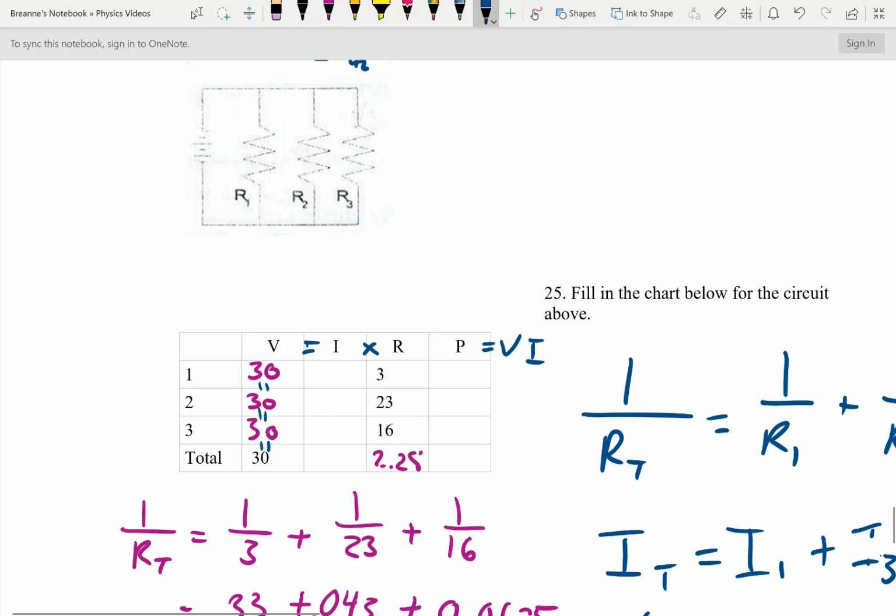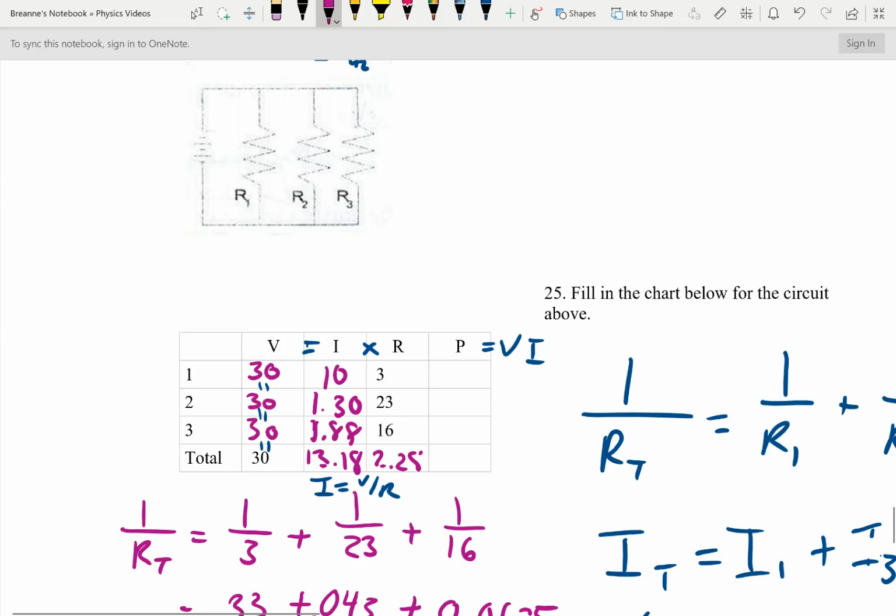Now we can do our current again, just like we did before, V divided by R. So it'd be 30 divided by what we just got, and we got 13.18, and you just do that across. So 30 divided by 16, you got 1.88. 30 divided by 23, that's 1.30, and 30 divided by 3 would give you 10.